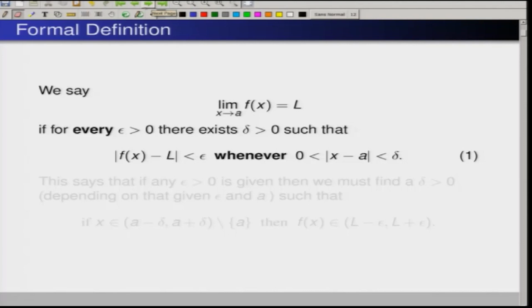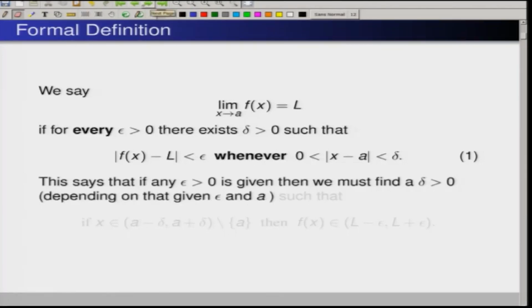If we can find a delta, then we say that the limit of f of x as x goes to a is equal to L. Essentially, if x belongs to a minus delta to a plus delta, excepting the point a, then f of x should belong to the interval L minus epsilon to L plus epsilon. That is what we had defined in the last lecture.